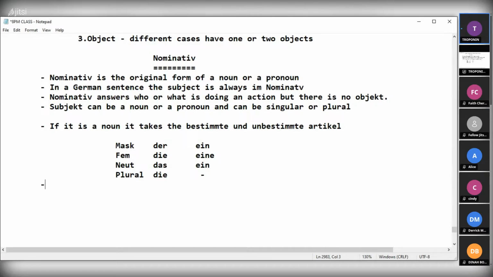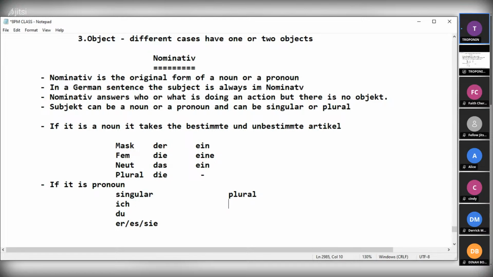So that one is if it is pronoun, so it takes ich, du, er, es, sie. So this one is singular. This one is plural.